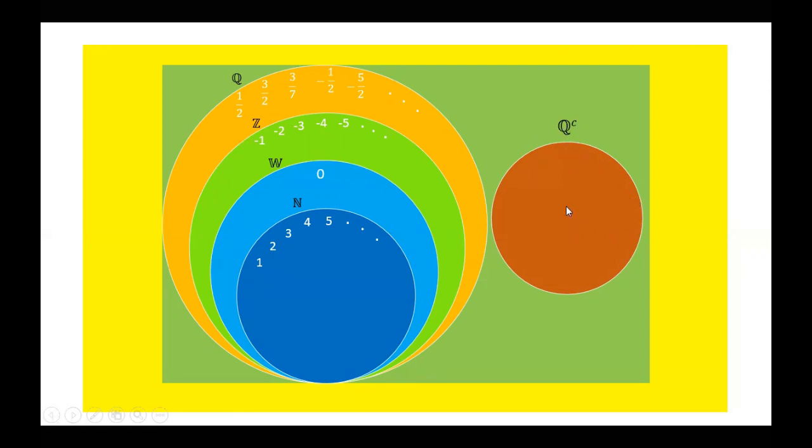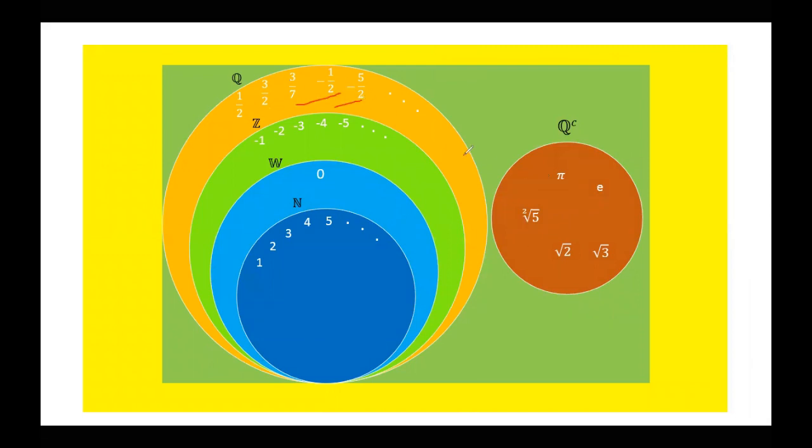We write this one as pi, root 2, root 3, e, lots of elements. Here also you will have infinite numbers of elements. You see these numbers do not belong to this Q set.